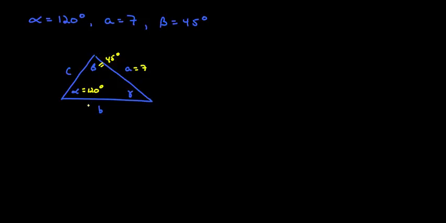Now I've got two angles here. I know that the sum of the angles in a triangle, at least in our two-dimensional flat plane, is 180 degrees. Therefore, I should be able to get gamma because I know alpha and beta.